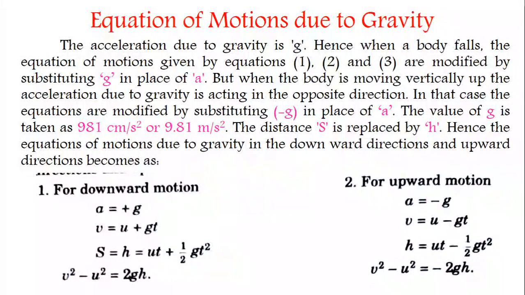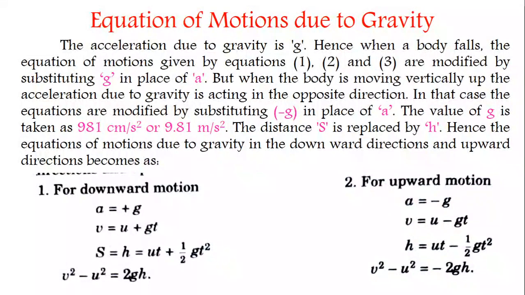But when the body is moving vertically up, the acceleration due to gravity is acting in the opposite direction. In that case, the equations are modified by substituting minus g in place of a.